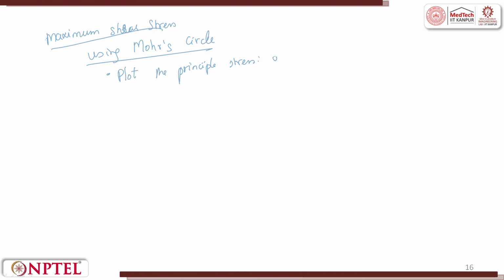So, what are you plotting? Sigma 1 and sigma 2. Next, you determine tau max, which is nothing but R equal to sigma 1 minus sigma 2 divided by 2.